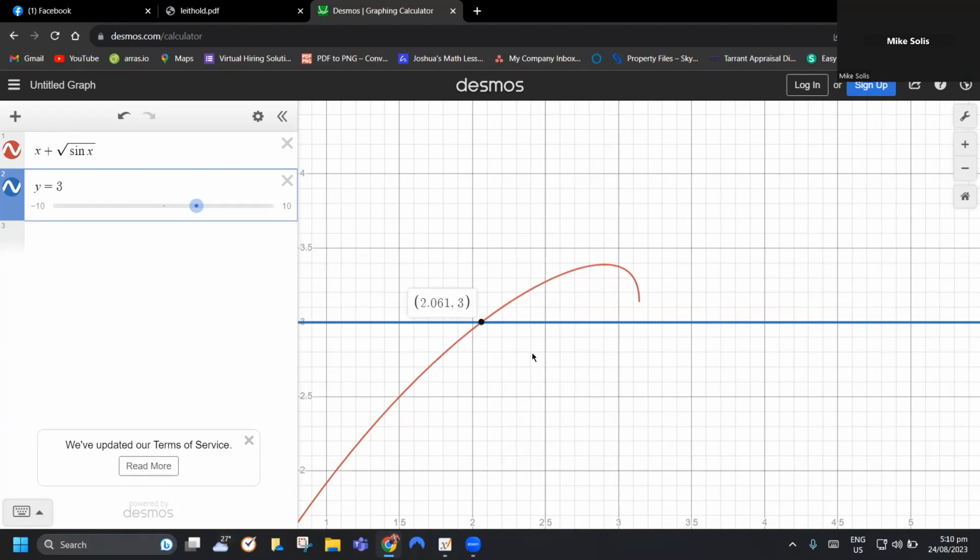So 3. So x plus square root of sine of x, and then alpha equals 3, and then shift solve. Okay, gumagana na. 2.0606 something something or 2.061.